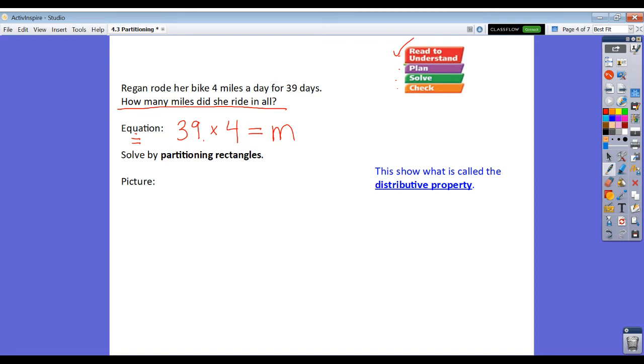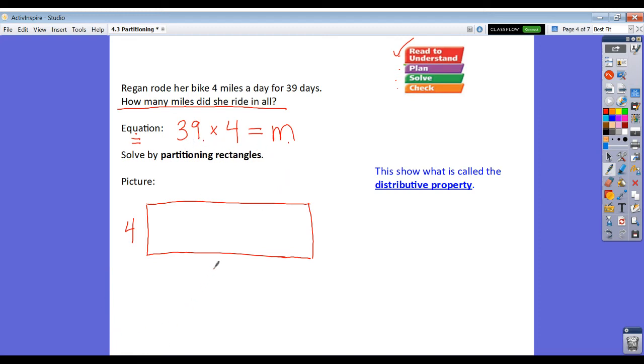You can pick your own unknown if you want it to be a different letter or even a heart, whatever your unknown symbol is. Okay, so let's solve this multiplication by partitioning rectangles. So I'm going to draw a 39 by 4 rectangle. And again, I could have written this 4 times 39 equals M.